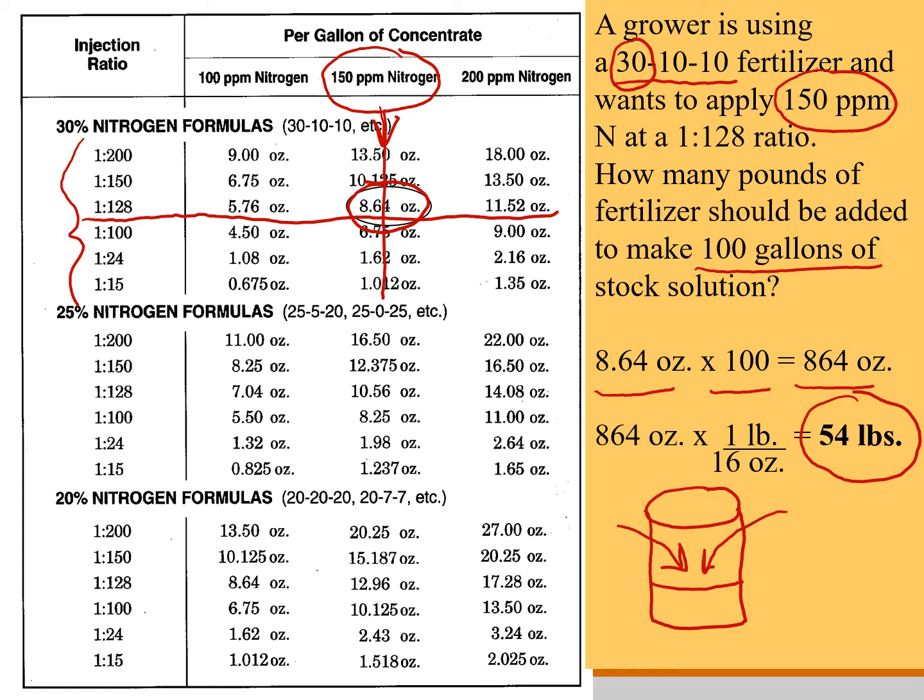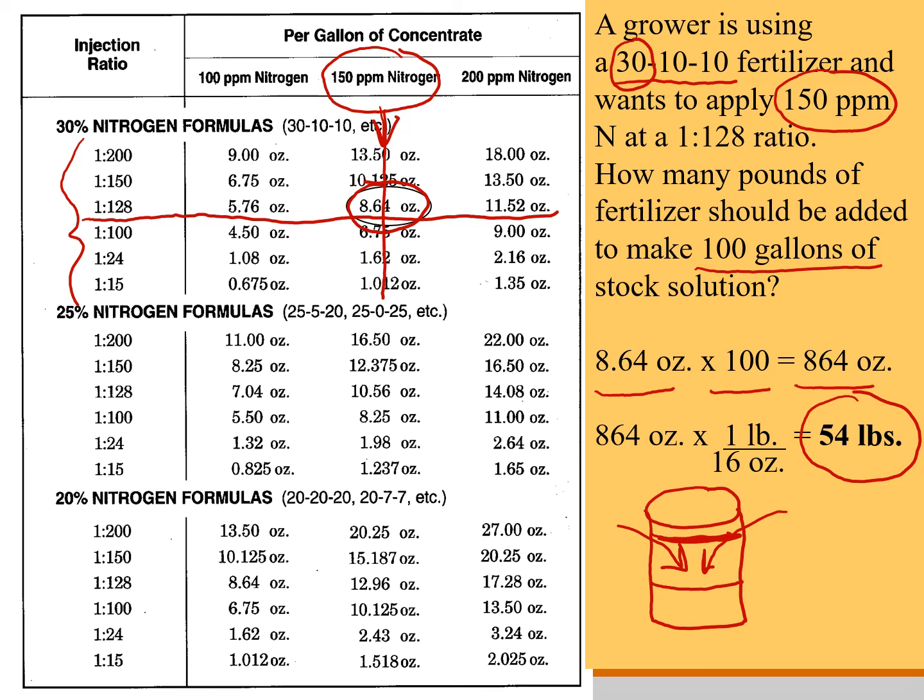And this needs to be agitated, so it should be constantly mixed. And then after I got all my fertilizer in, which would be 54 pounds, then I would continue to add water until I got to the 100-gallon mark, which presumably would be somewhere up near the top. All right, then I would have 100 gallons of concentrated stock solution.